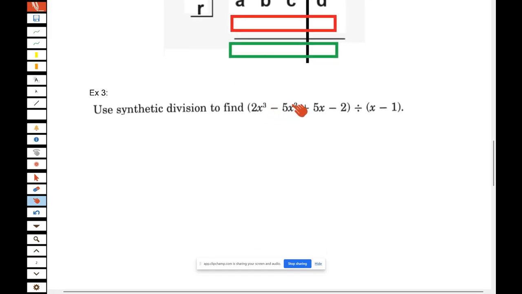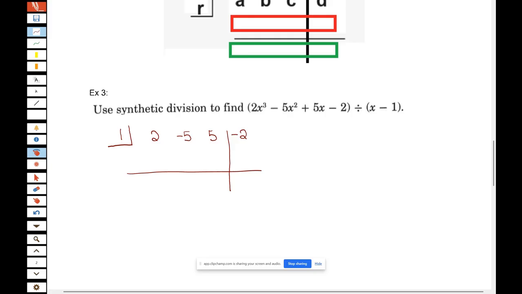So we have a 3, a 2, a 1, and a 0. So everything is represented. So in the box is going to go the number 1, because if x minus 1 is the factor, then 1 is a root. And then I'm going to put the coefficients of what I'm dividing into. If there's a remainder, it's going to end up at the end.